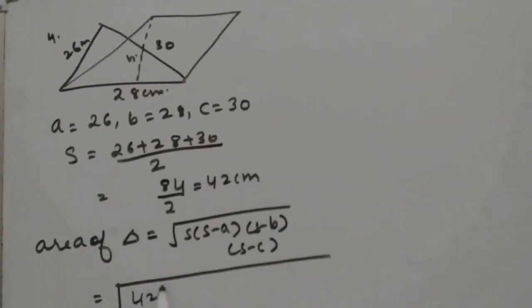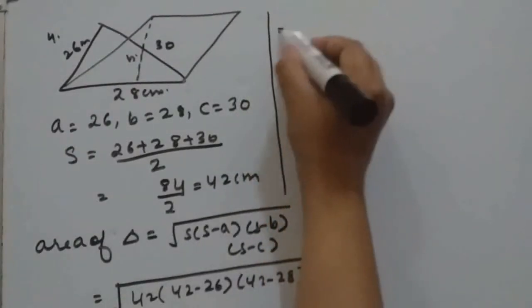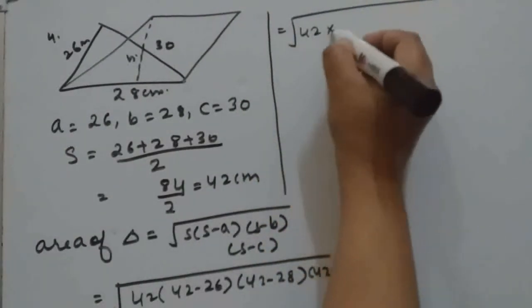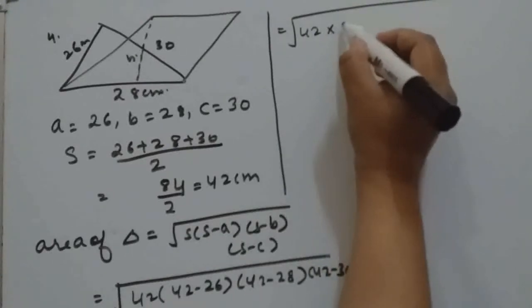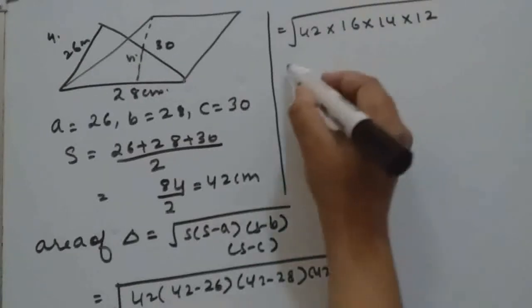So 42 minus 26, 42 minus 28, 42 minus 30. So this will give answer. S is 42. 42 minus 26 means 16. Then 14. Then 12 will come.